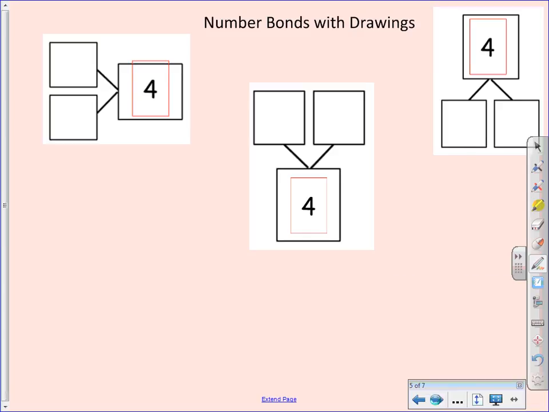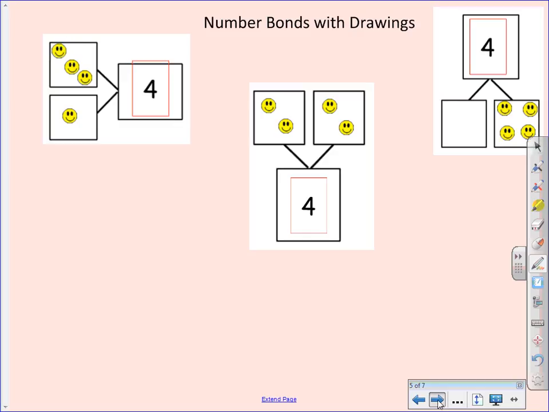And in my first picture, I'm going to decompose it into 3 and 1. In my second number bond, I'm going to decompose 4 into 2 and 2. And then my last number bond, I'm going to do it into 0 and 4.